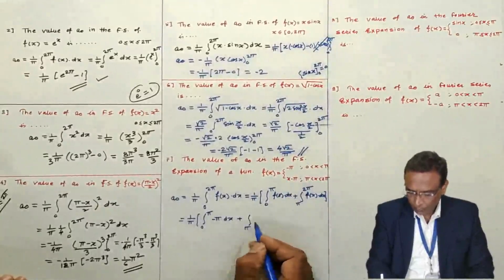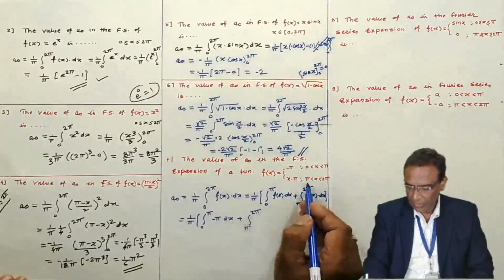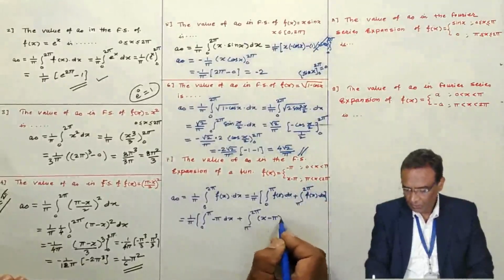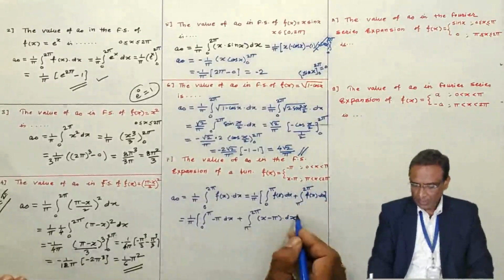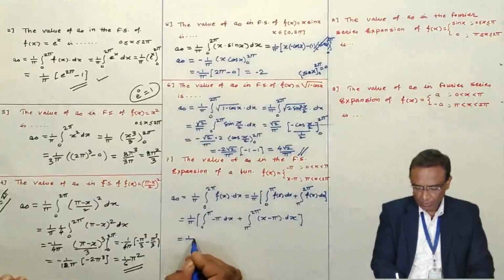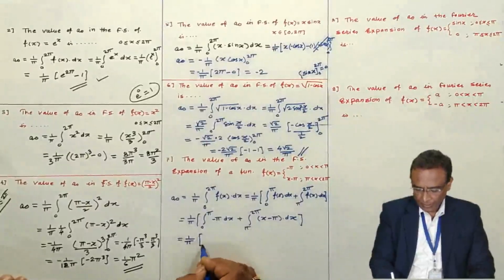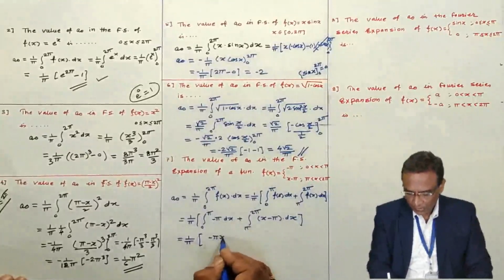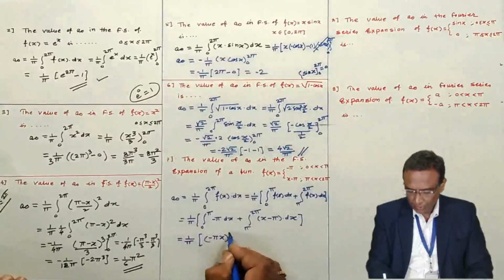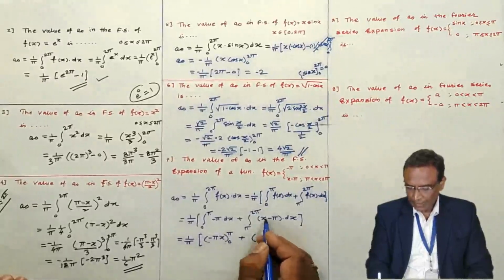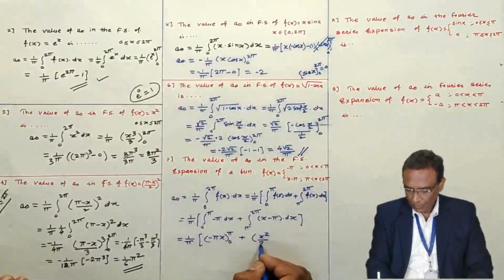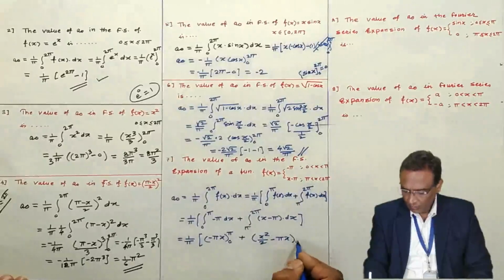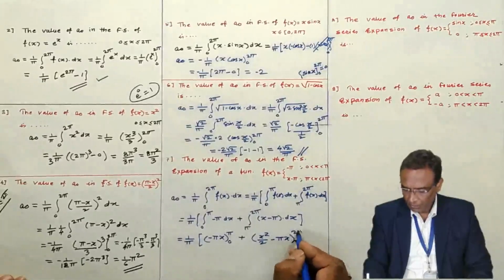For pi to 2 pi, for the next range, the value of fx is x minus pi, and take the integral of it. It's very simple. 1 by pi, integral of the constant minus pi is minus pi into x, lower limit is 0, upper limit is pi. Integral of x is x square by 2, integral of the constant pi is pi into x, lower limit pi and upper limit 2 pi.